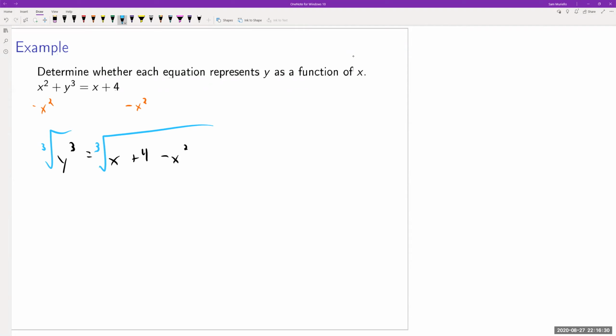So plus or minus doesn't make sense for a cube root. We don't need it. That means y is simply equal to the cube root of all that junk inside. There's no plus or minus. There's no question. If I put in an x value, I know exactly what y is going to come out, and there's only one option. That means, yes, it is a function.